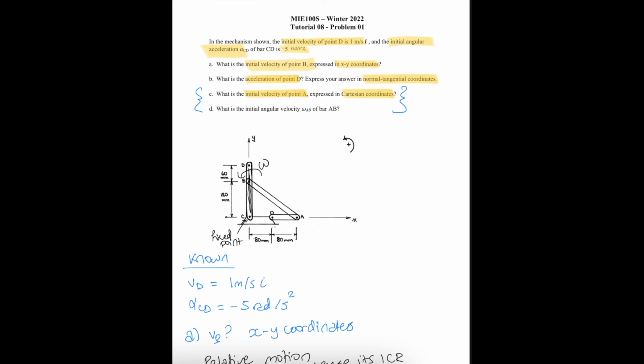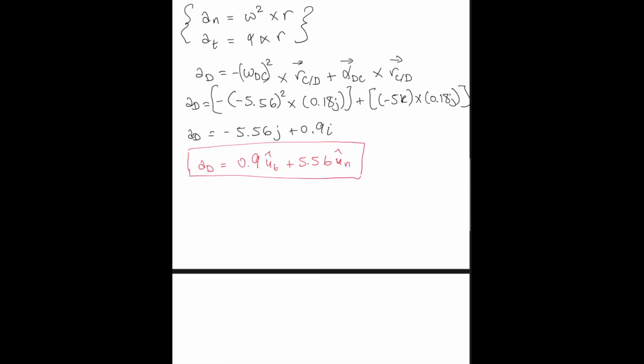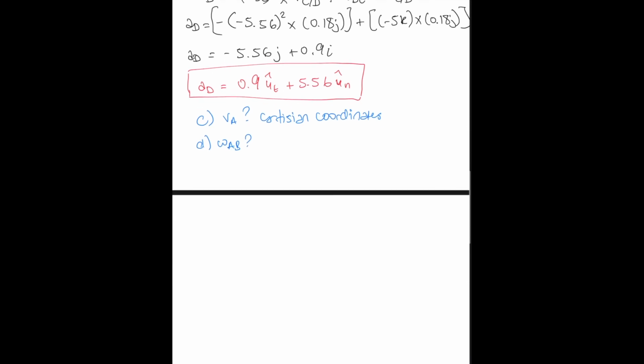And we're also going to find the initial angular velocity of bar AB. So here we want VA in Cartesian coordinates, and the angular velocity of AB.